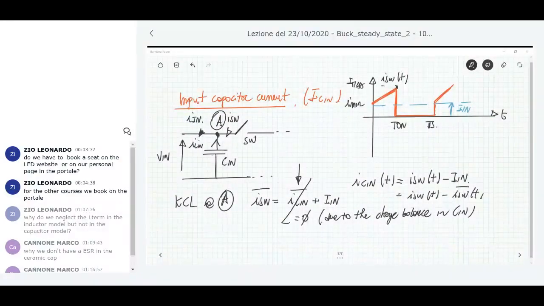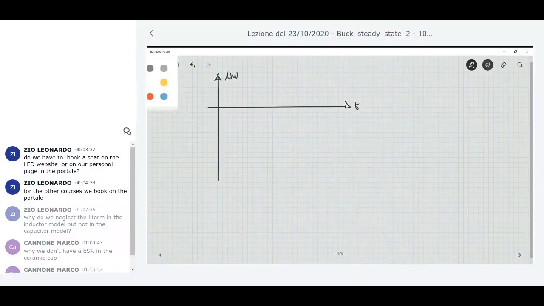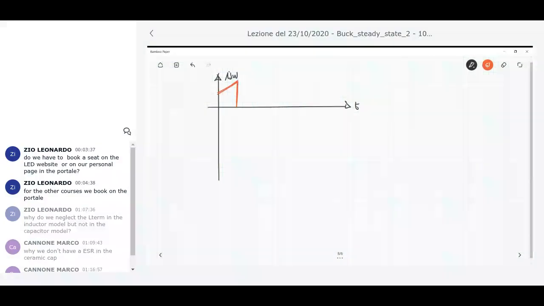So now we are able to draw the current flowing through the capacitor when we know the switch current.